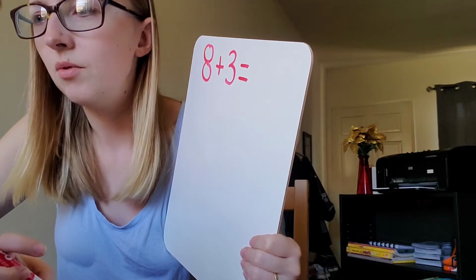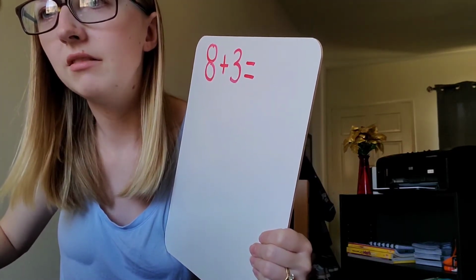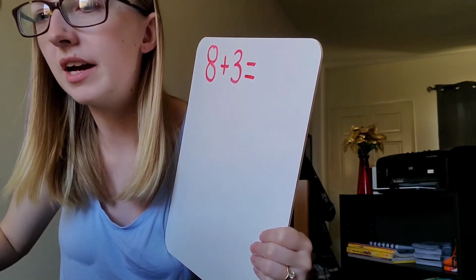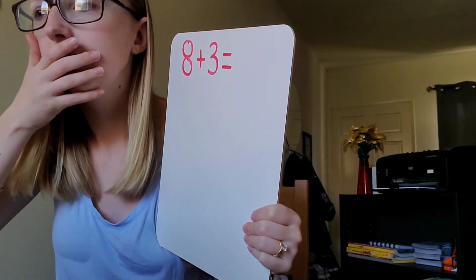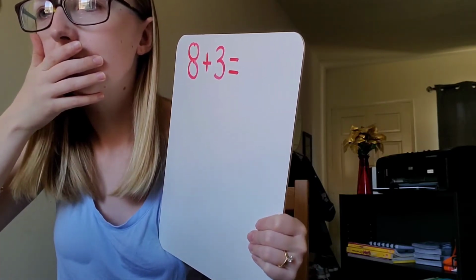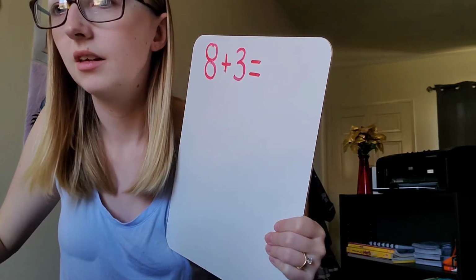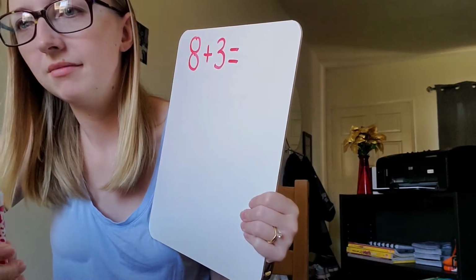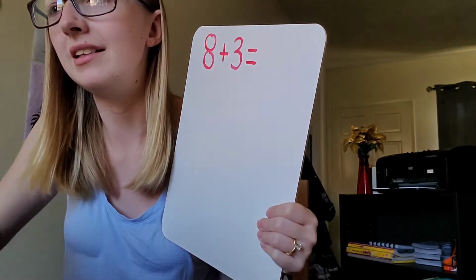Oh, I see one answer. Put your answer up when you have it. Let's give everyone some time. All right, Lucy, what did you get? 11. Let's show everyone how we got 11.